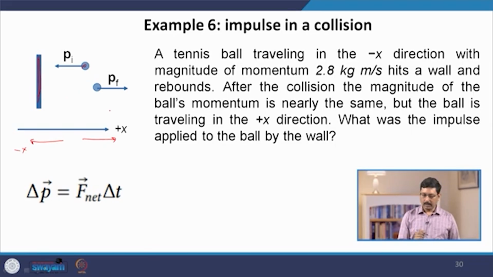The initial momentum is 2.8 kg m/s along this direction. After the collision, the magnitude of the ball's momentum is nearly the same. So Pf and Pi are equal in magnitude, but the ball is now travelling in the plus x direction, which means the direction is different. What is the impulse applied to the ball by the wall?